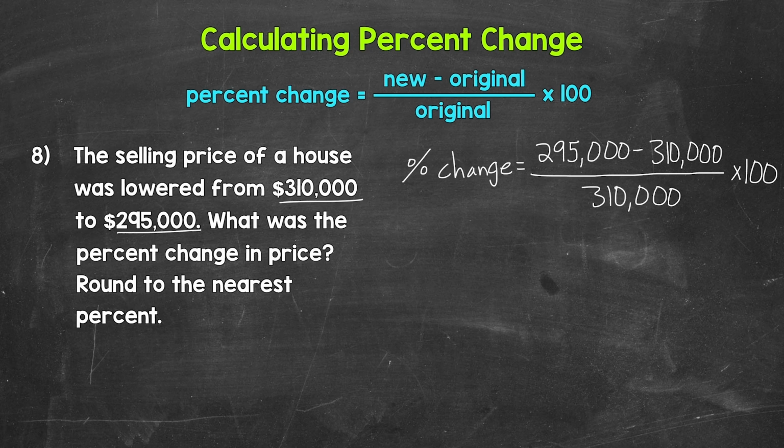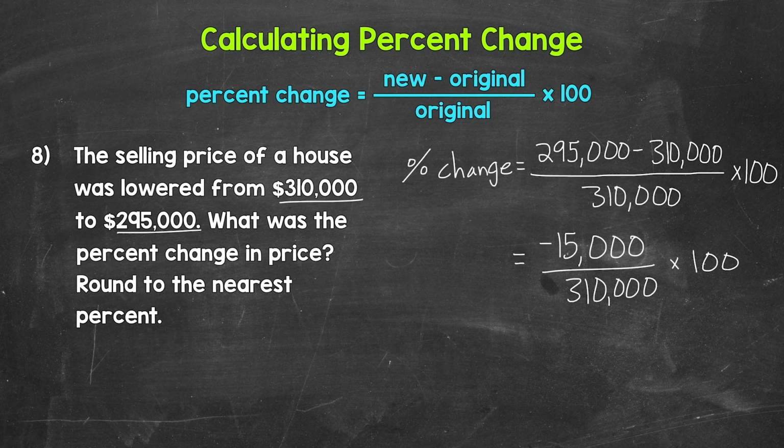So let's subtract. We have 295,000 minus 310,000. That gives us negative 15,000. The house decreased in value by $15,000. And we need to divide that by the original value and then multiply by 100. So now we divide.